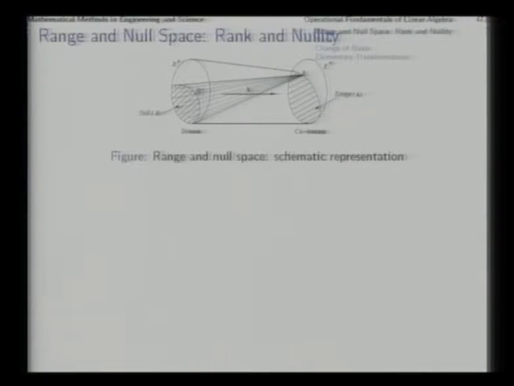On the other side, in the domain there is a subspace here hashed differently, which all gets mapped to the 0 vector in the codomain. This subspace here is called the null space. That is, it does not have any information content in it, all that goes to 0.